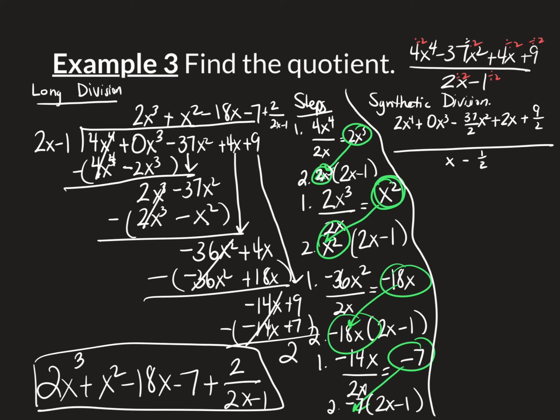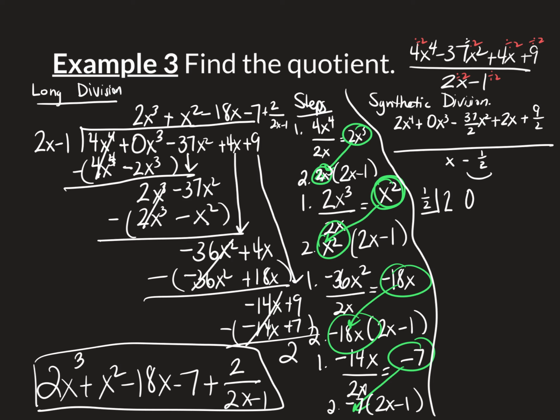That's what I have. Okay, so now I am going to set up my synthetic division. So the opposite of this, positive 1/2 goes here, and then bring down the coefficients of the dividend.